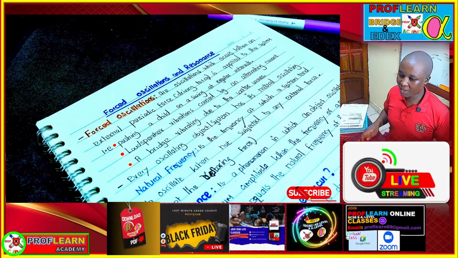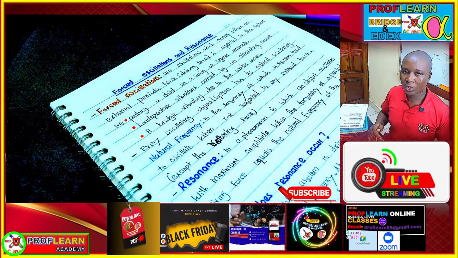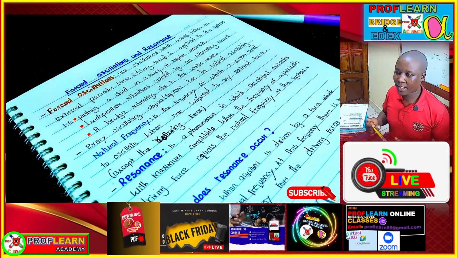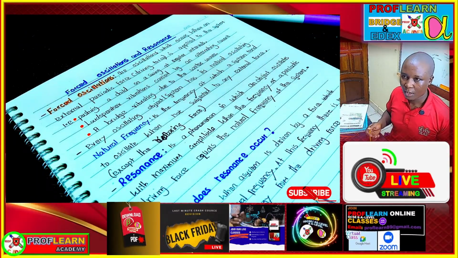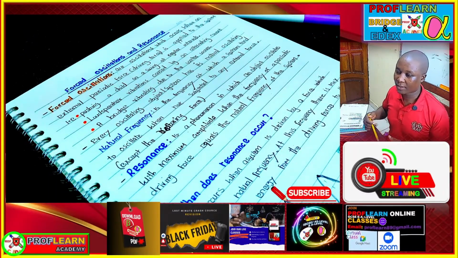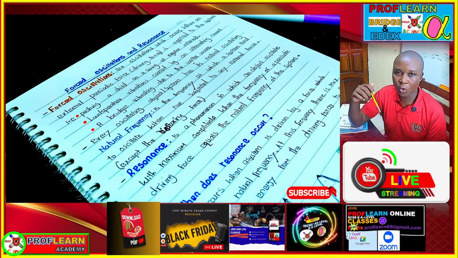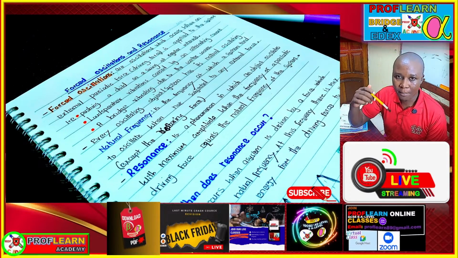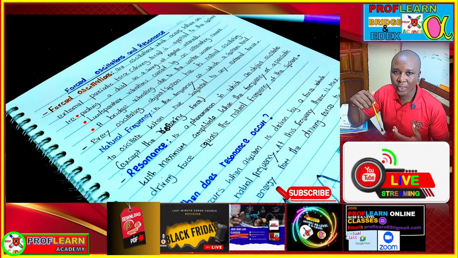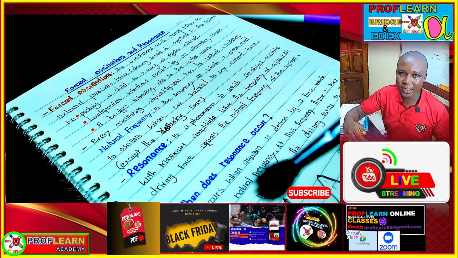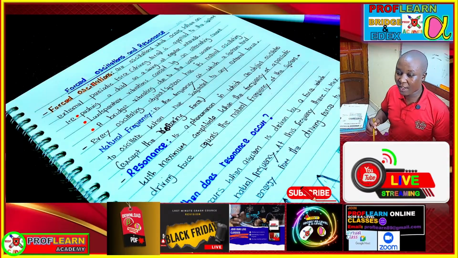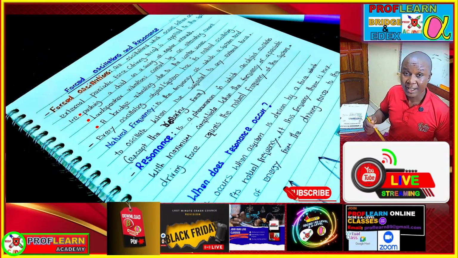Then the most important aspect that you need to remember is the concept of resonance. When do we say an object has attained resonance? You need to understand how to define the term resonance. Resonance is a phenomenon in which an object oscillates at maximum amplitude, and this happens when the frequency of the driving force matches the natural frequency of that particular object. Every object has its natural frequency.